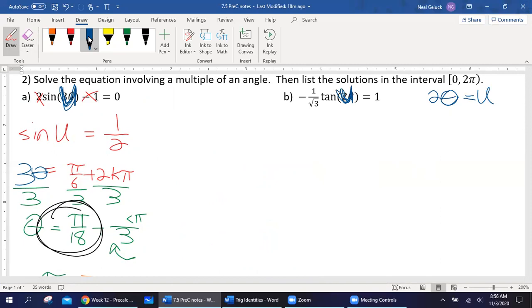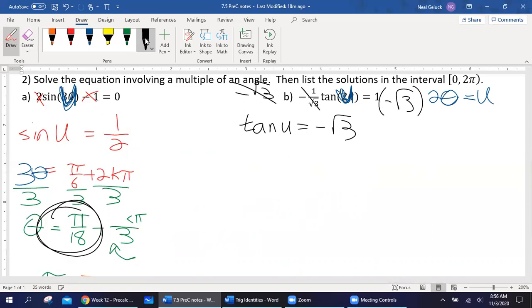To get tangent by itself, I would just multiply by the reciprocal of -1/√3, which would be -√3. So if I multiply both sides by -√3, I've got tangent of u equals -√3.